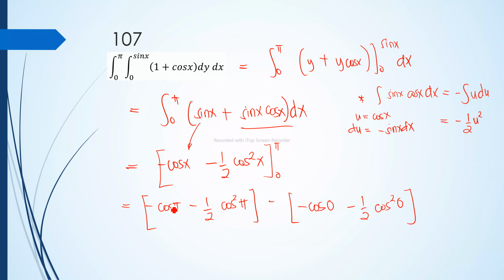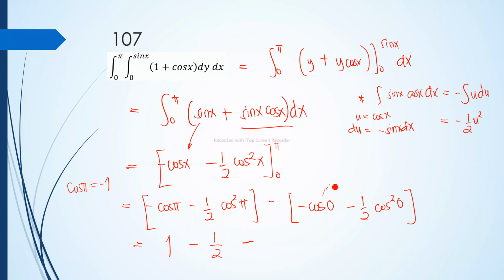So again, cosine pi is negative 1, and the negative of that gives a positive 1. Cosine pi is equal to negative 1, and since that is squared, it becomes a positive 1. So positive 1 times 1 half gives 1 half. Here we have a negative cosine 0.